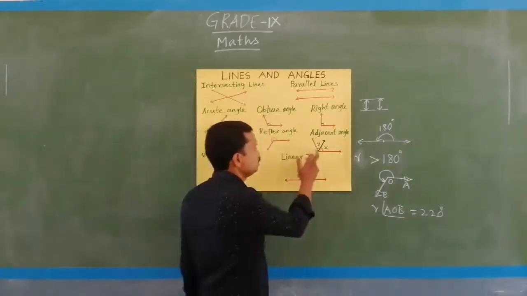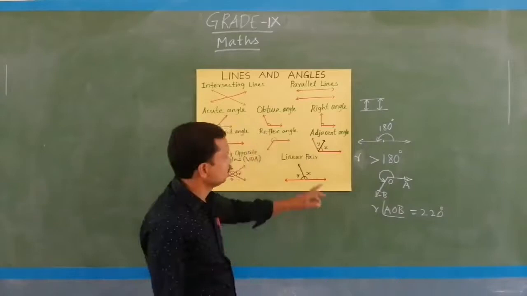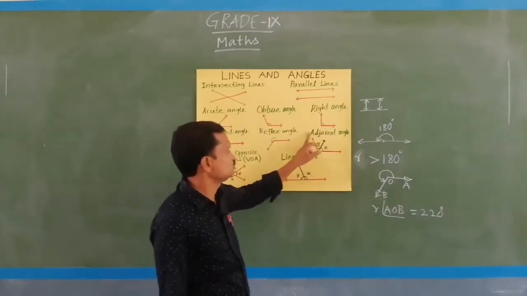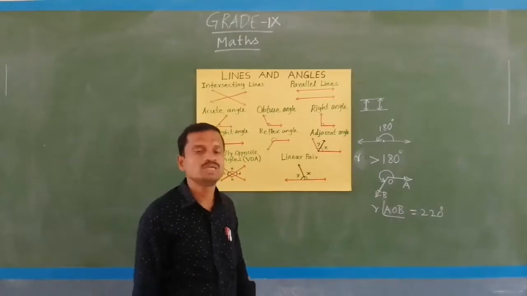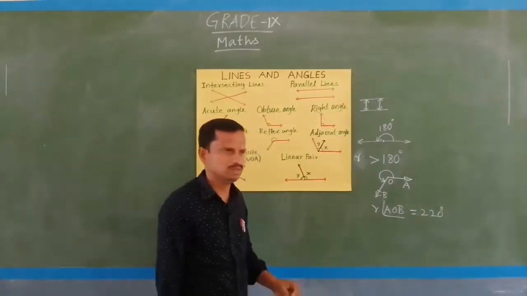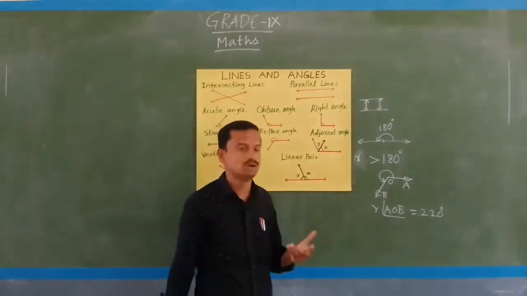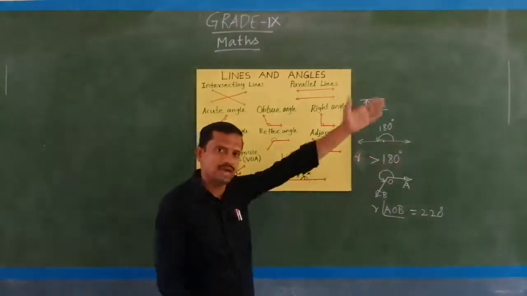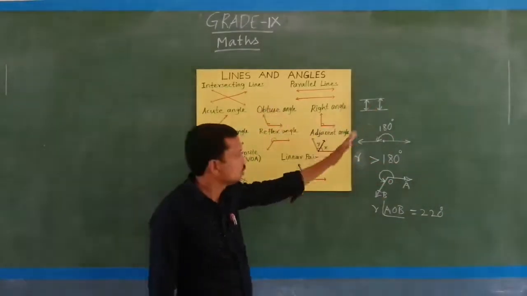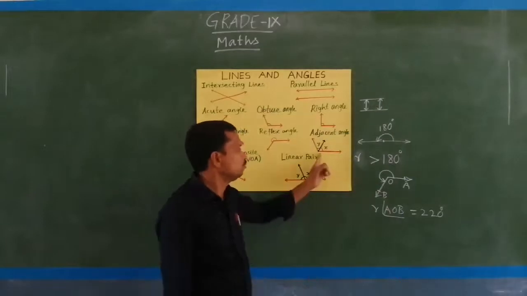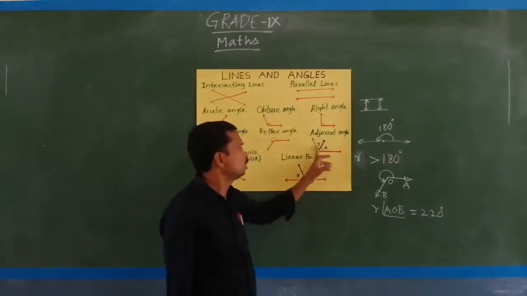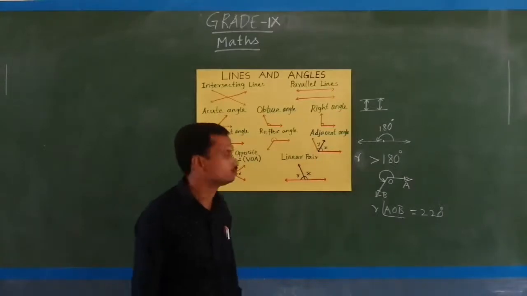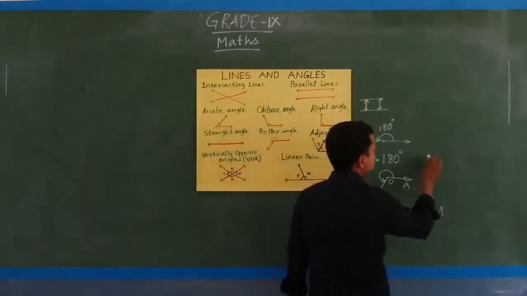In this diagram, the black ray is a common arm. A ray can be called an arm, like our hand. So the black one is the common arm and these two are non-common arms.